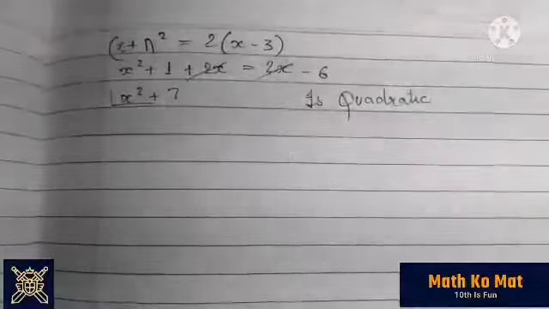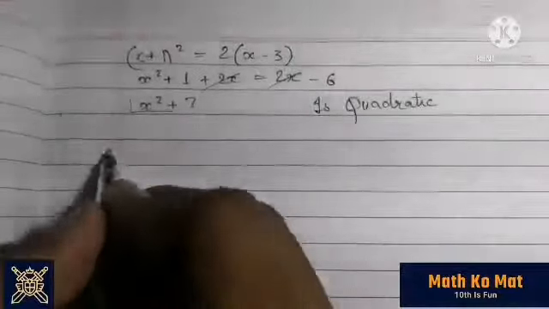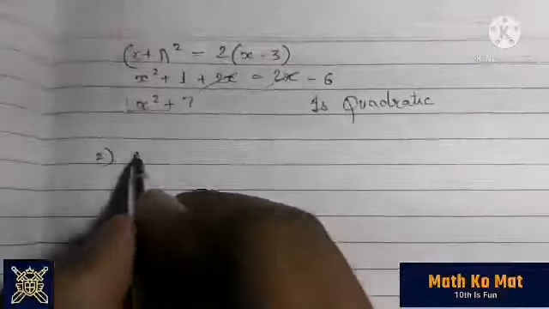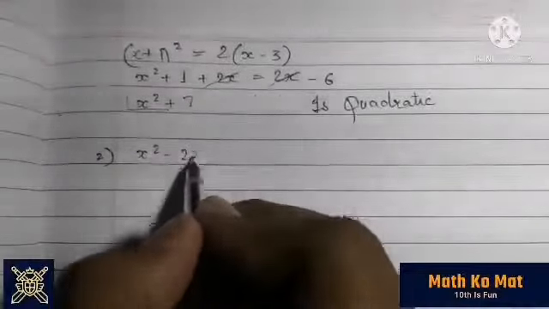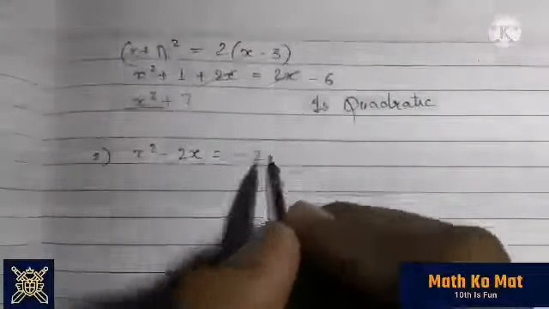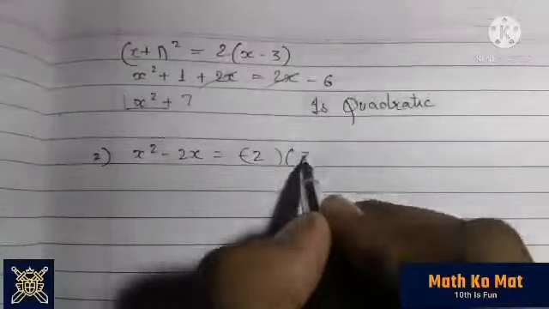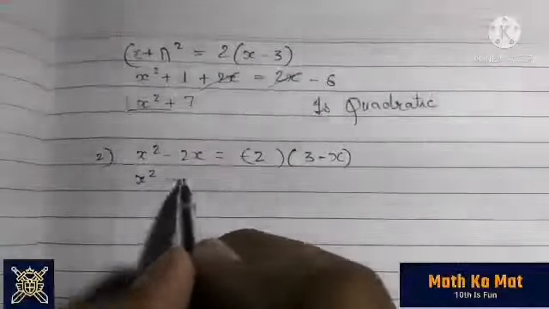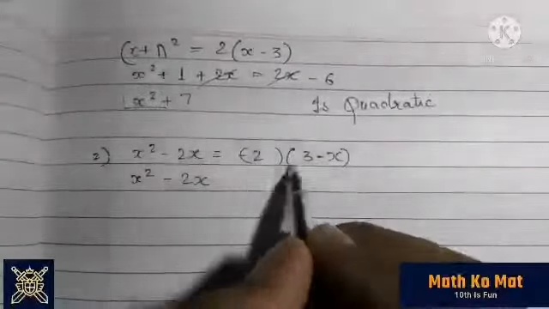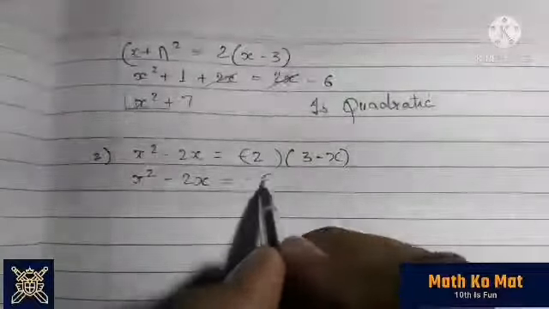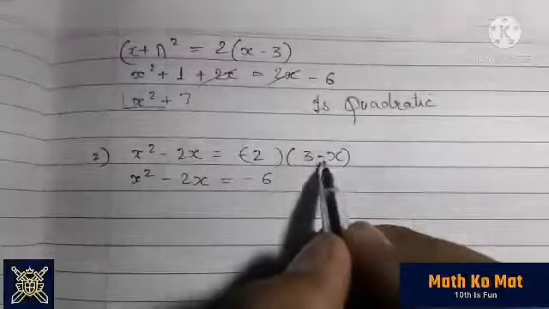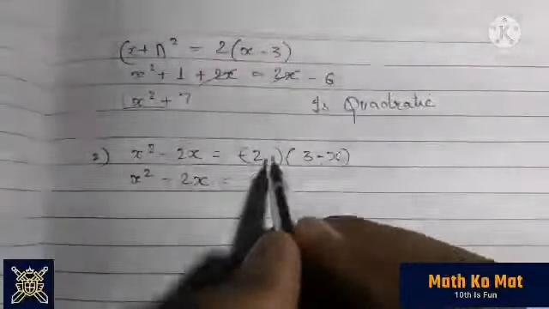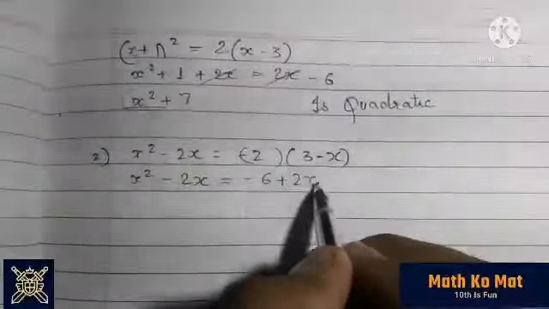For the second part, we have x² − 2x = −2(3 − x). Now let's simplify. Here you have x² − 2x. Here you have −2 into 3, that will be equal to −6, and −2 into −x, so minus minus is plus, and 2x.